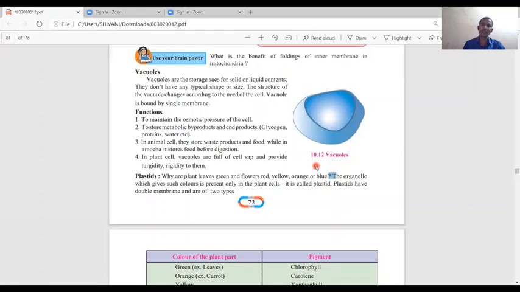Why are plant leaves green, and flowers red, yellow, orange, or blue? Which organelle provides different colors to different parts of the plant? The name of that organelle is plastid.